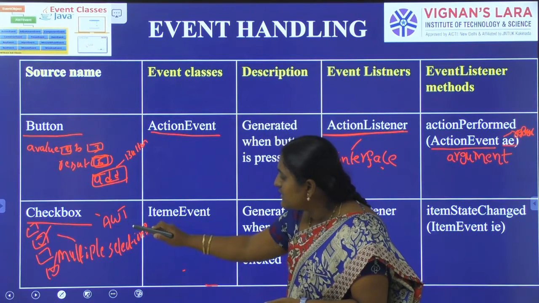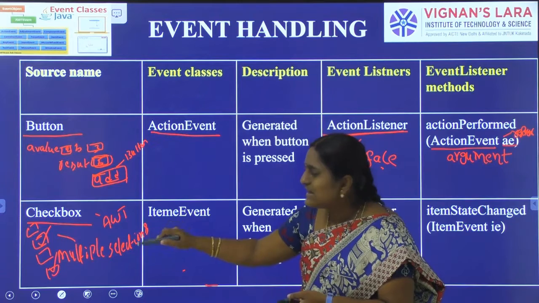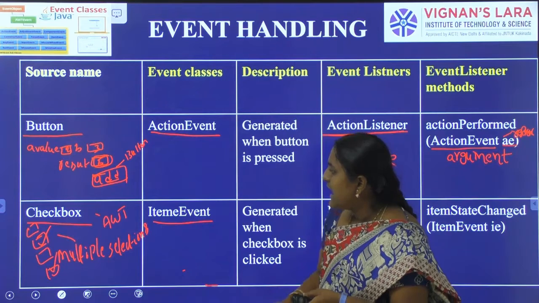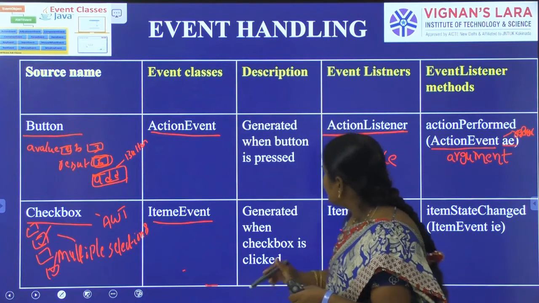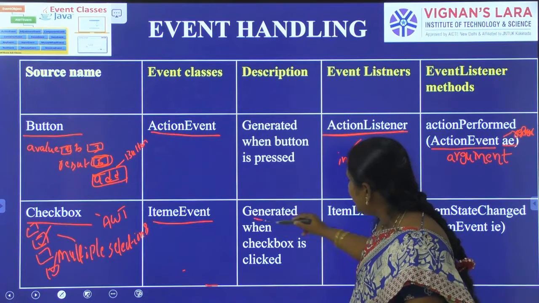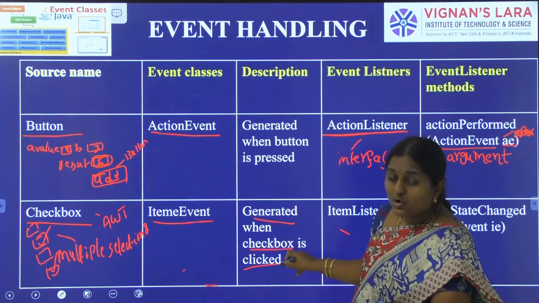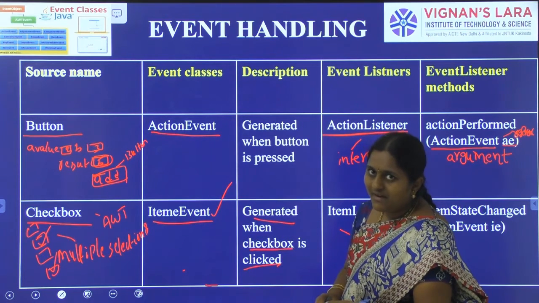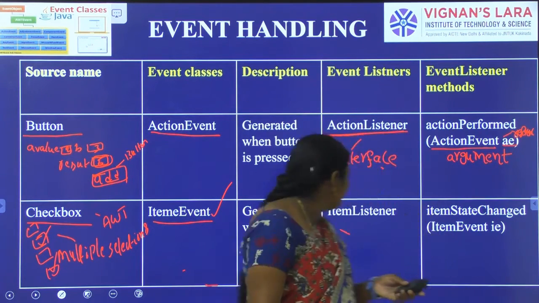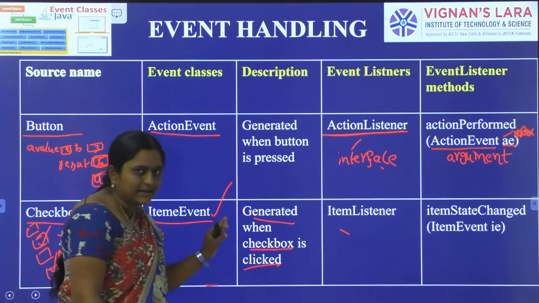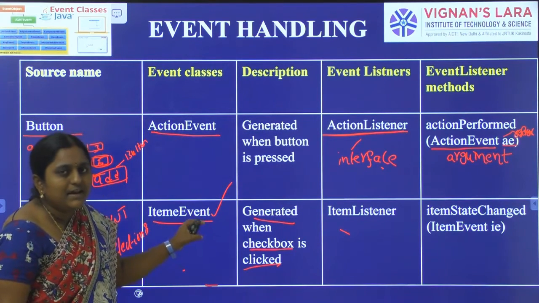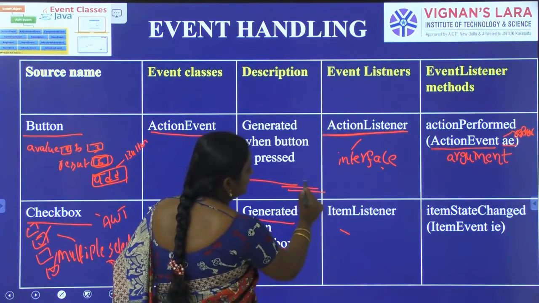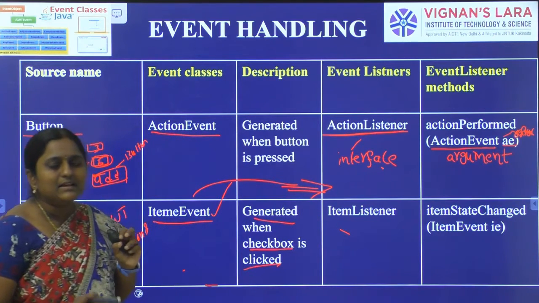Each time you select the checkbox, which event is generated? Item event is generated. What is the description of the item event? It is generated when the checkbox is clicked. When the item event is generated, the event will be sent to the listener interface.